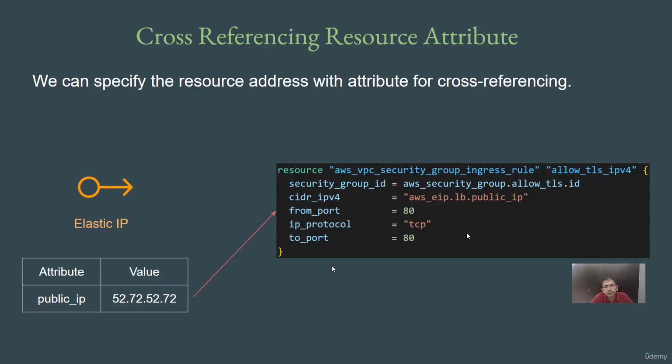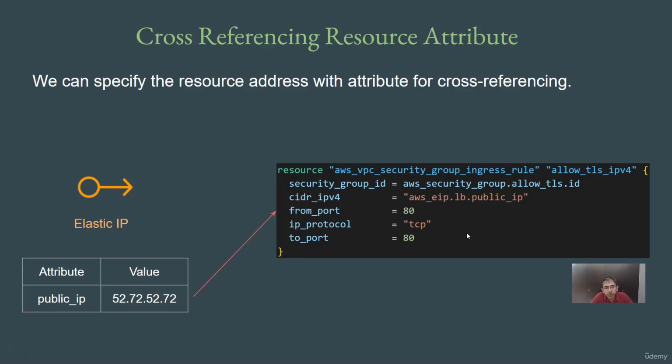So the final solution would look like this, where under the CIDR IPv4 block, you specify the exact resource type, which is AWS EIP, the resource name, which is LB, followed by the attribute associated with the resource, which is public_IP.